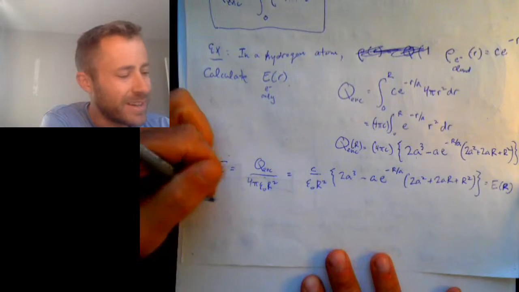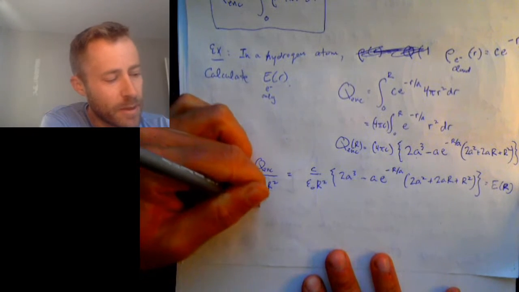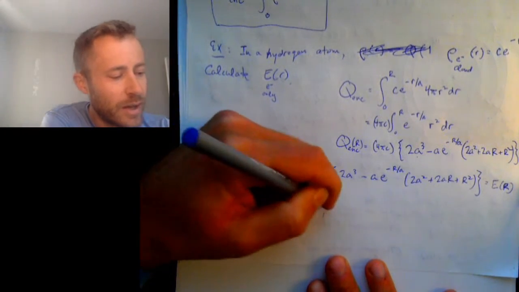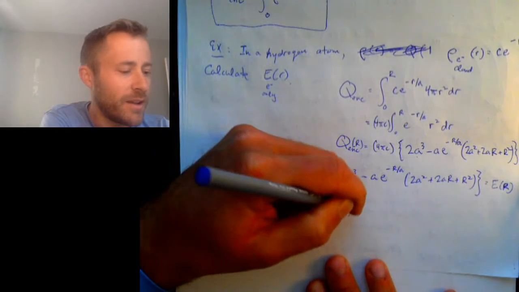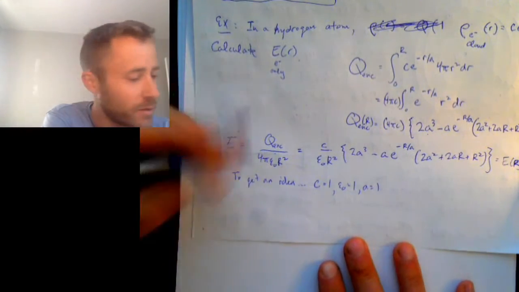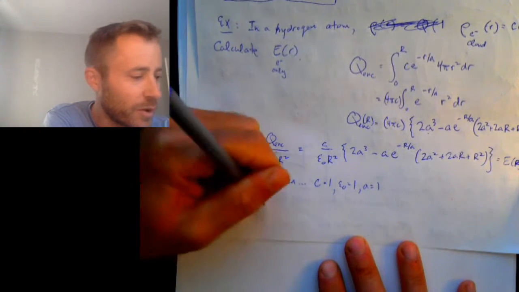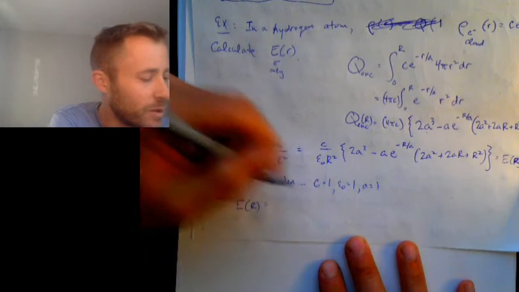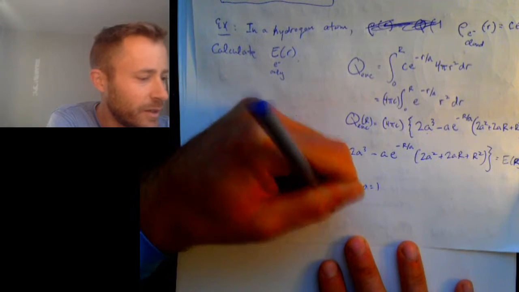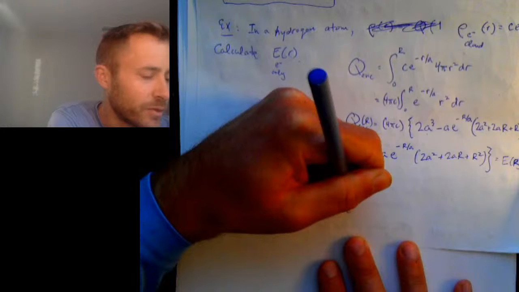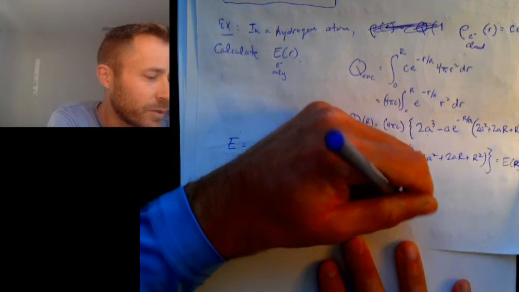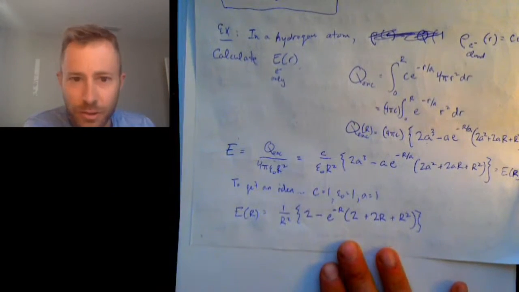To get an idea of what this looks like, I'm going to set C equal to 1, epsilon naught equal to 1, and A equal to 1, because I want to know what this graph looks like. So my electric field as a function of R is going to be 1 over R squared times 2 minus e to the minus r times 2 plus 2r plus r squared. So that's making those substitutions.